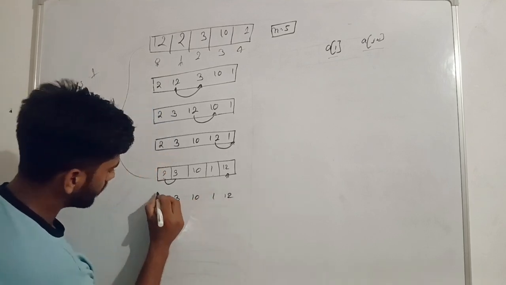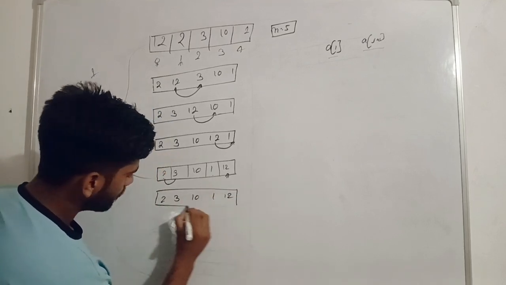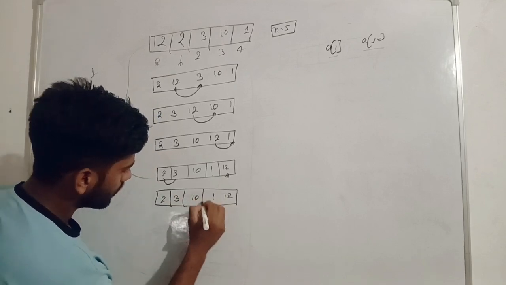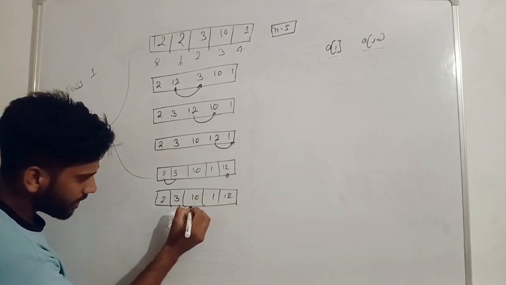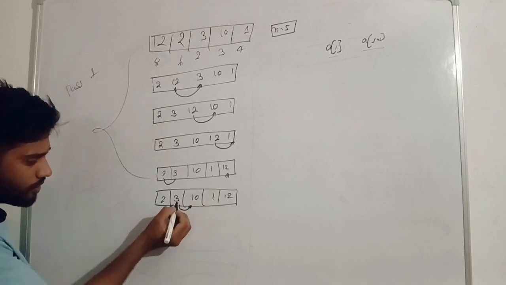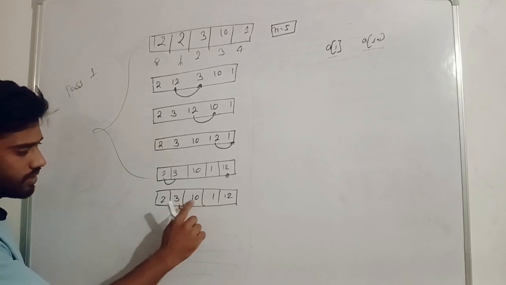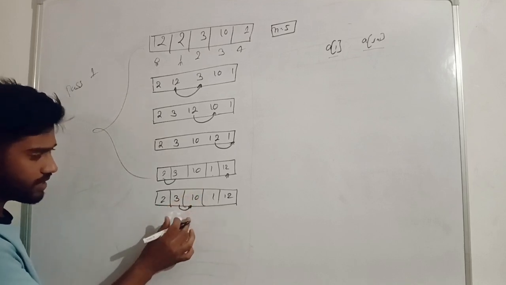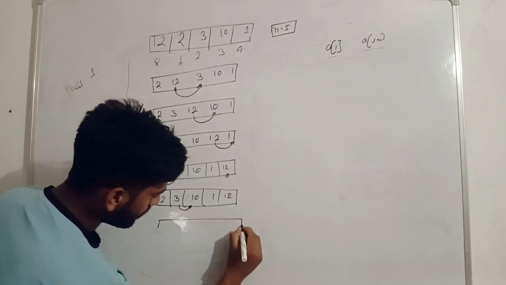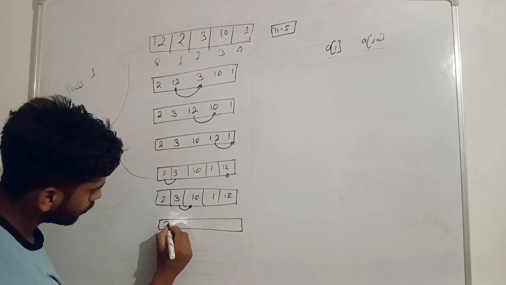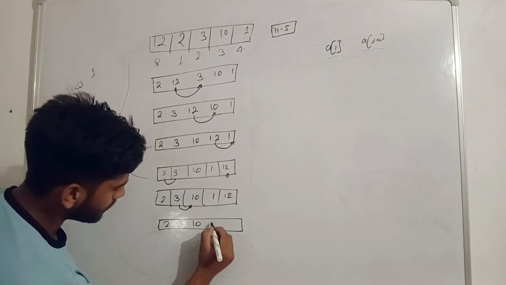In the next iteration, it will check 3 and 10. Since 10 is greater, it stays as it is. Then it will be 2, 3, 10, 1 and 12.